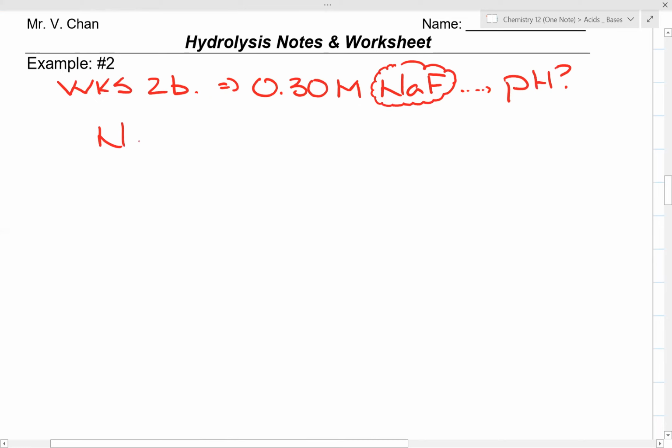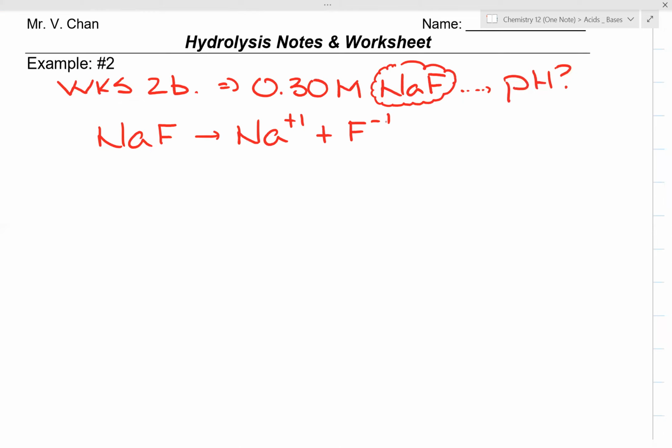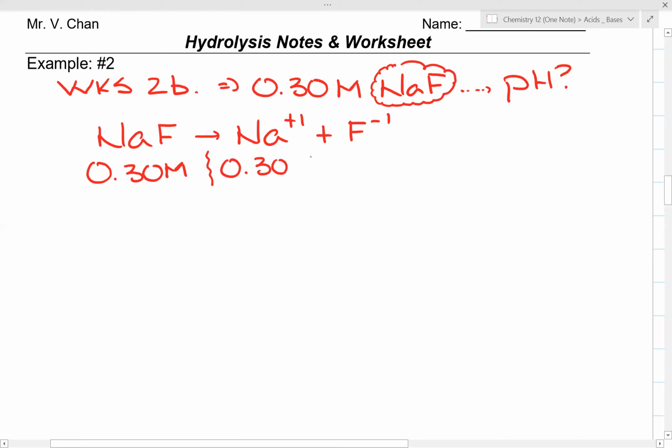So sodium fluoride will break apart to sodium +1 and fluoride -1. Now, notice we added some numbers, 0.030 molarity. Sodium will be 0.030 molarity. Fluoride will be 0.030 molarity. Why? Again, it's because it's a 1-to-1-to-1 ratio.